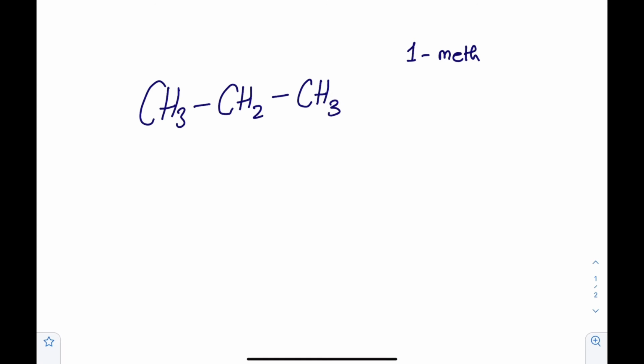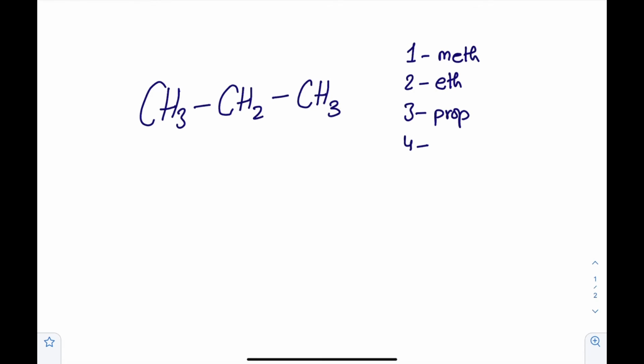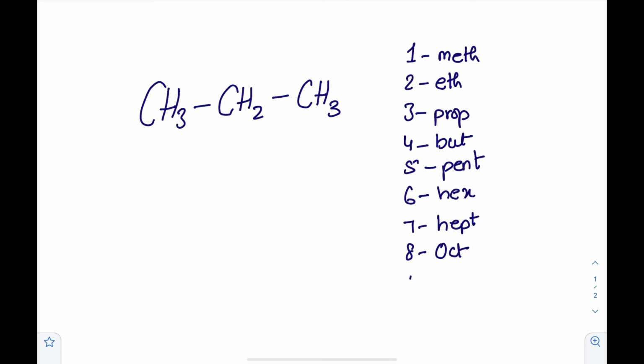No, not the meth that you're thinking about. 2 is eth. 3 is prop. 4 is, can you guess? 4 carbons would be. 4 is but. 5 is pent. 6 is hex. 7 is hept. 8 is oct. 9 is non. And 10 is dec. Okay?